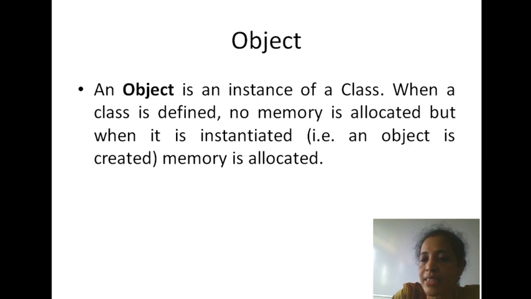When the class is created, at that time we just write the code, but it does not occupy memory space. But when we instantiate the object, we have to specify one car or one entity, and for that reason it allocates memory space for that particular instance.